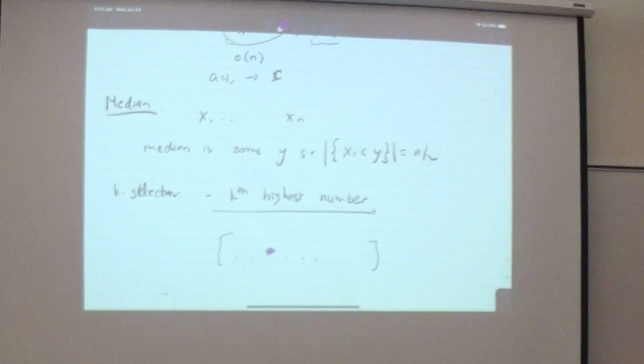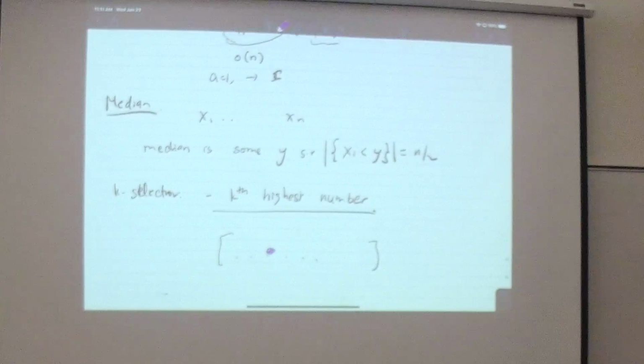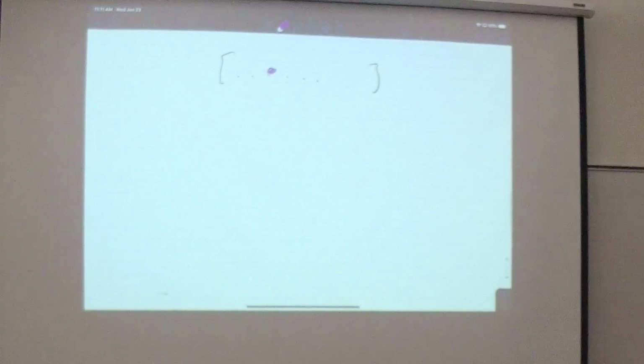So if I want to find a weak median, what I'd like to do is get some handle on a way of pruning out things that cannot be medians. And the question is how?